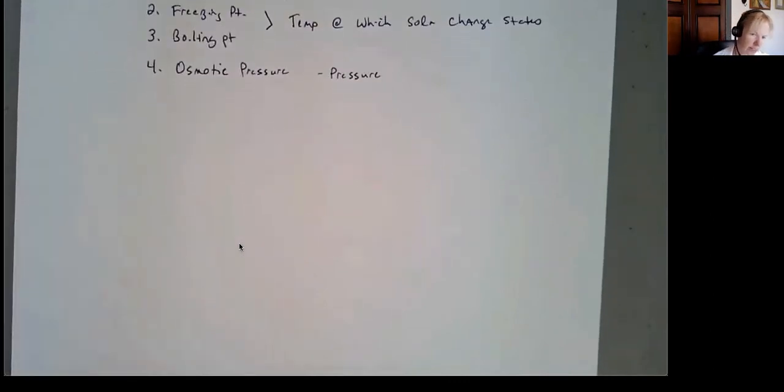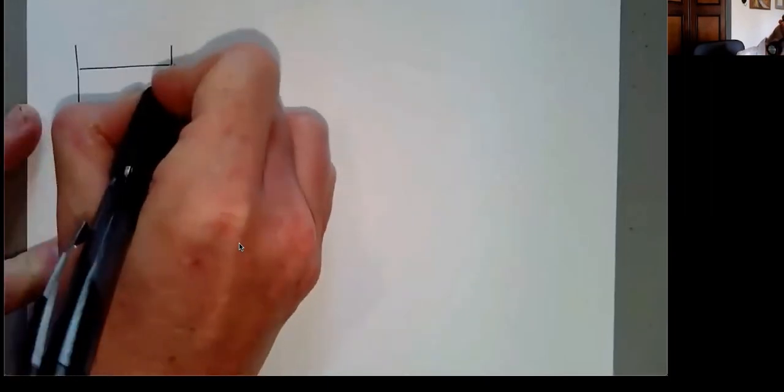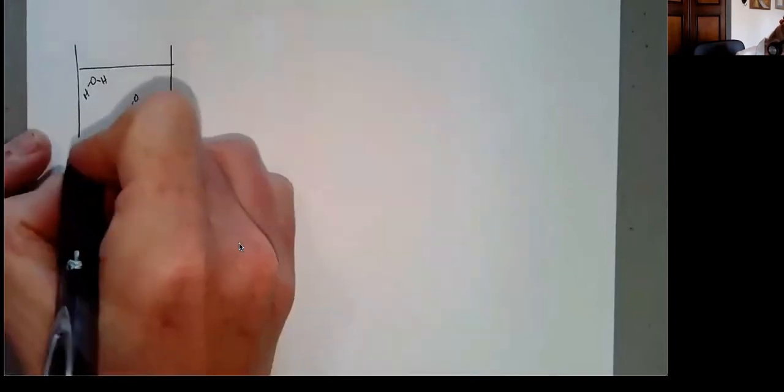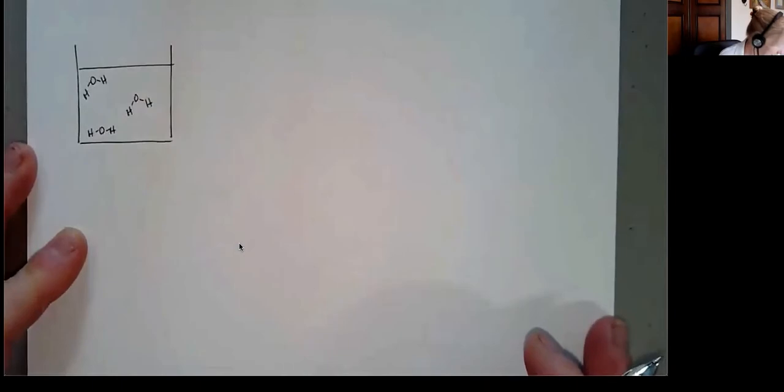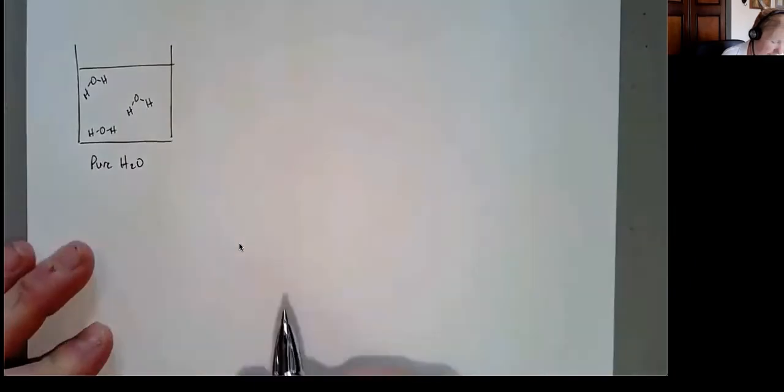Before we define that, let's think about what's happening in a solution. If I have a beaker of water, just pure water, and I set that out on the counter, since I'm a science nerd, I might have a beaker at my house, so maybe I would set this out on my counter in my kitchen. Over time, I'm going to have water molecules in the liquid. Let's say this is just pure H2O, and I set it out for 3 days.